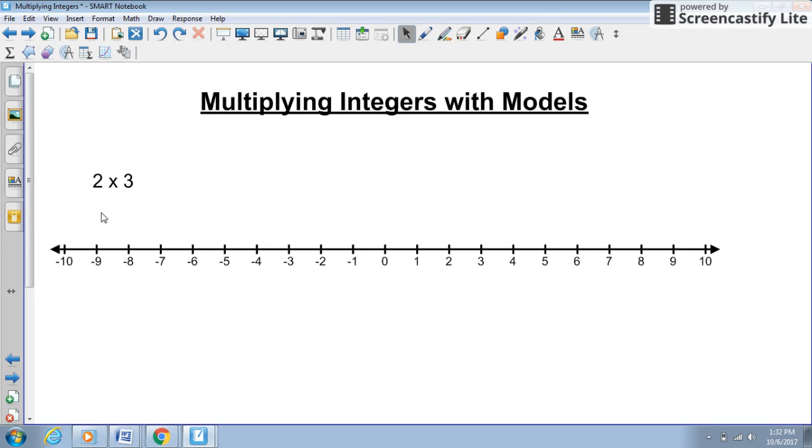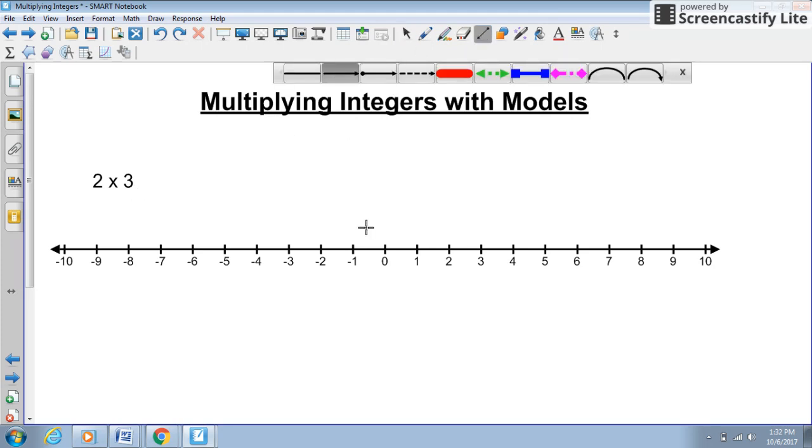Again, this is the same principle. 2 groups of 3. 2 groups of positive 3. So what I need to do is represent 2 groups of 3 on my number line. I am still starting at 0, and I am going to make 2 groups of 3.